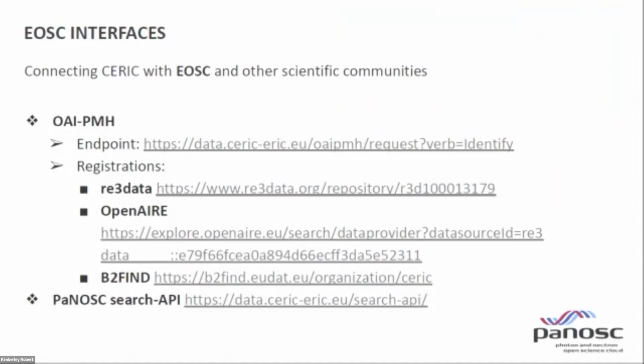We registered on re3data, OpenAIRE, and B2FIND. These are all our repositories. And for the search API, we are using the ICAT implementation with a little change, in an integrated way with a scoring API developed by ESS. At the moment, we are disseminating metadata from more or less 7 investigations, which are all the investigations that we have open now.